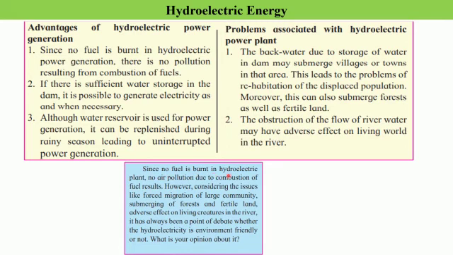Since no fuel is burnt in a hydroelectric plant, no air pollution due to combustion of fuel results. However, considering issues like forced migration of large communities, submerging of forest and fertile land, and adverse effects on living creatures in the river, it has always been a point of debate whether hydroelectricity is environment friendly or not.